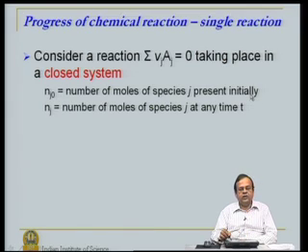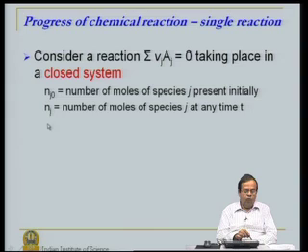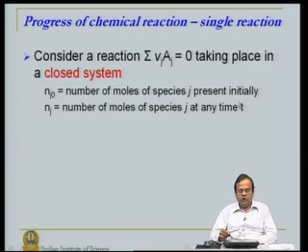Then let us say that this reaction progresses for some time t, and at the end of this time the number of moles of species J left in the reactor is N j. So, we have two measures: moles initially present, and moles present at time t.